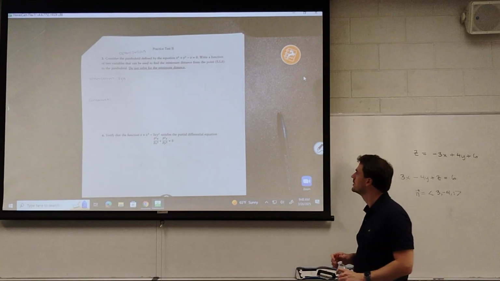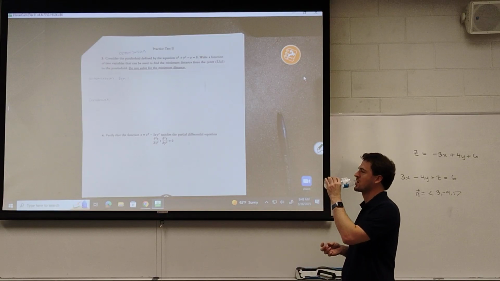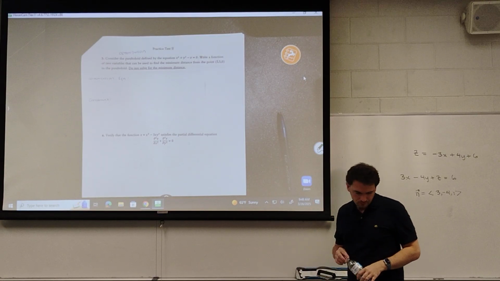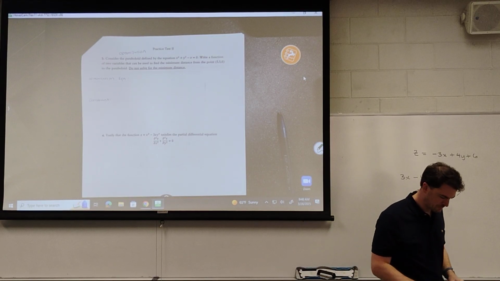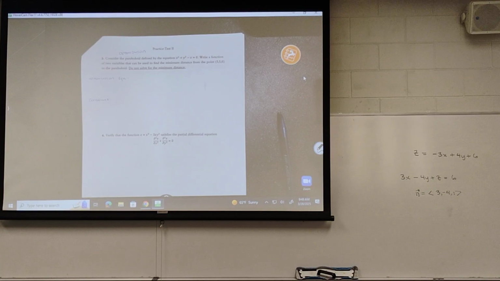What are we thinking for an optimization equation? It wants us to find the minimum distance.